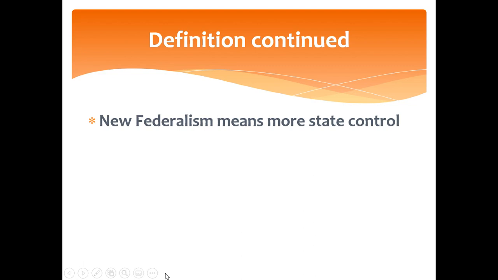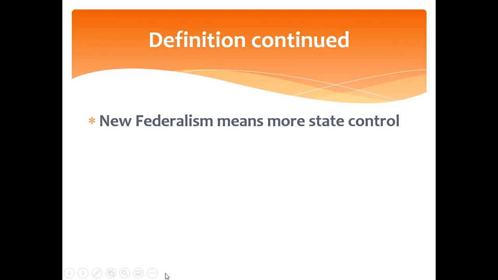The issue that people had with this categorical grant was the state government was being told that we had to use this money for this purpose. It was being dictated to us. It was a one-size-fits-all approach. New Federalism, the presidents, the federal government are attempting to give more control, more freedom back to the states.